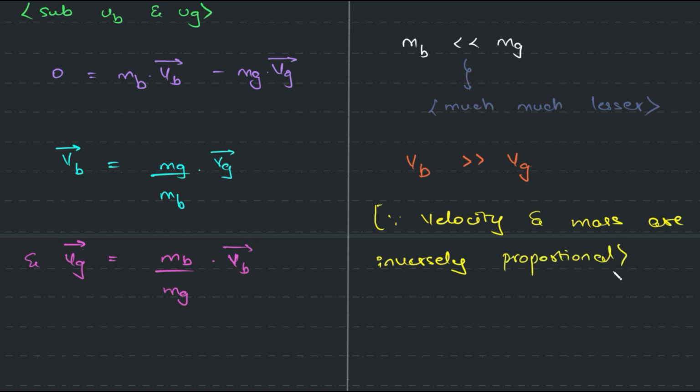And that's that. So what does it mean? That yes, even the gun moves, but its velocity is very small compared to that of the bullet. Okay, so that's what it means.